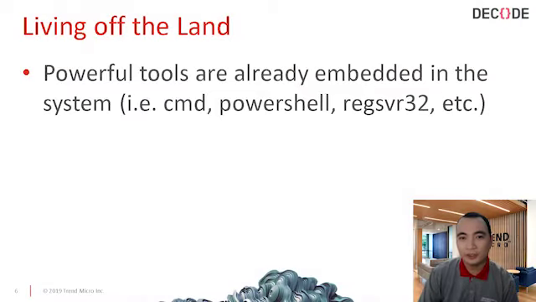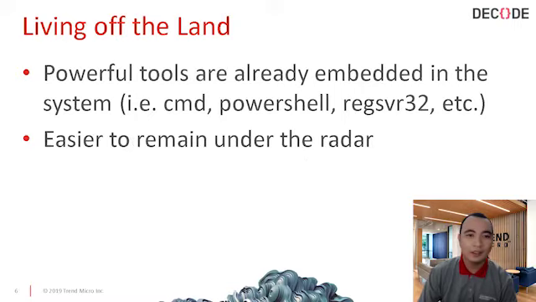Living off the land is a concept of using existing tools within the system, like for example CMD, PowerShell, or Regsvr32, and these are actually pretty powerful tools. The good thing is they are already embedded in the system, so it's easier to remain under the radar because most of the detections in place wouldn't detect those tools.